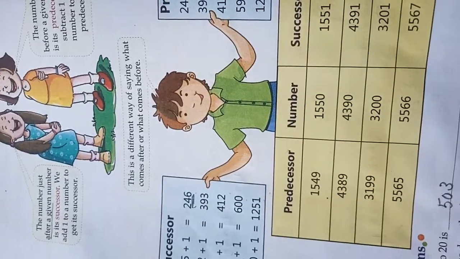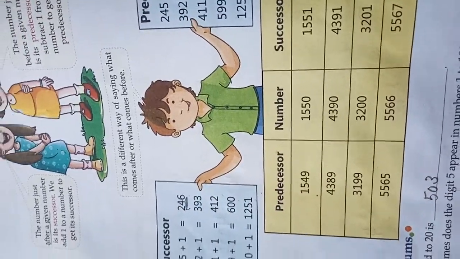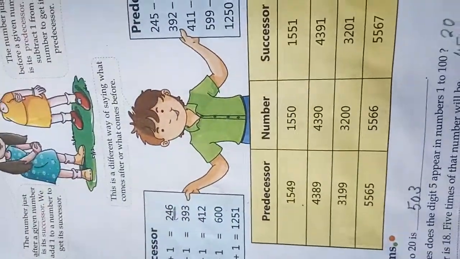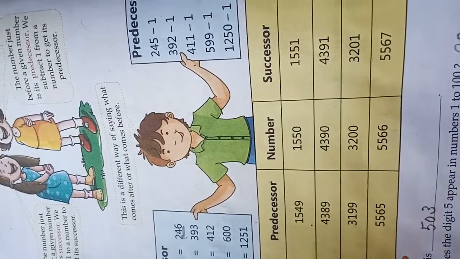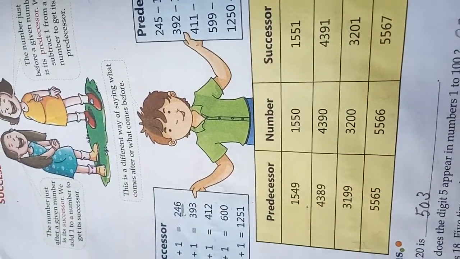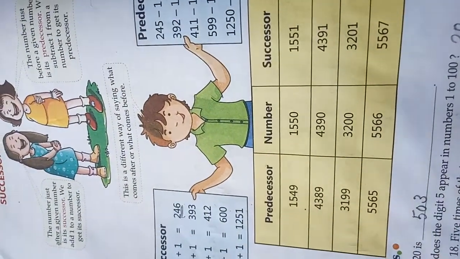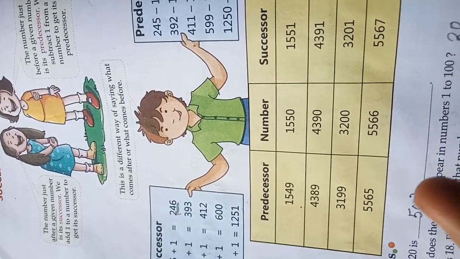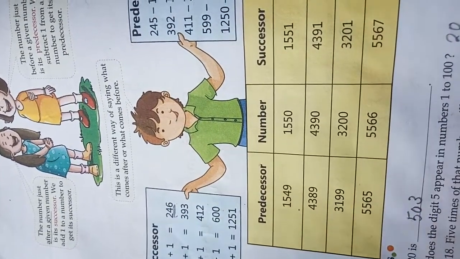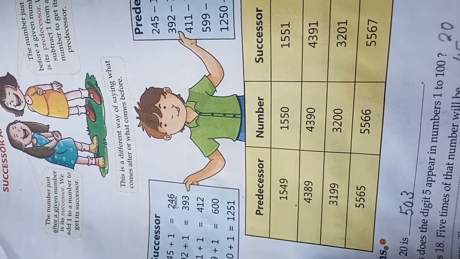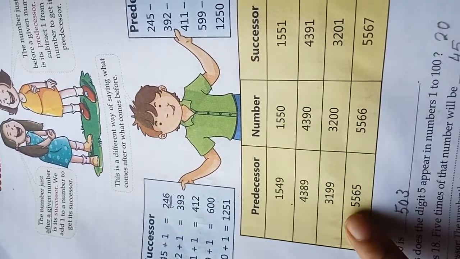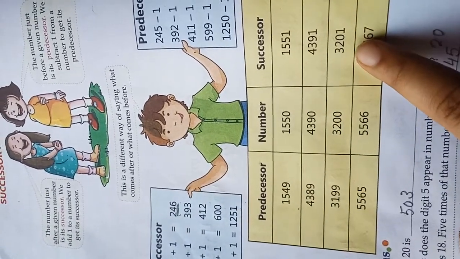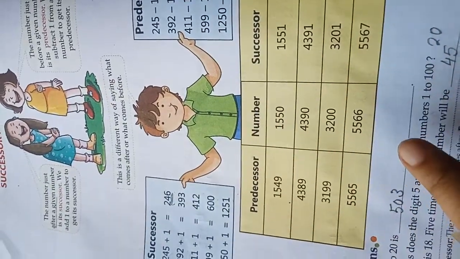Right, students? Now here is an example in detail. You can see what is predecessor and what is successor. So this one is before, and this one is before, and this one is after, and this one is the number given to us.